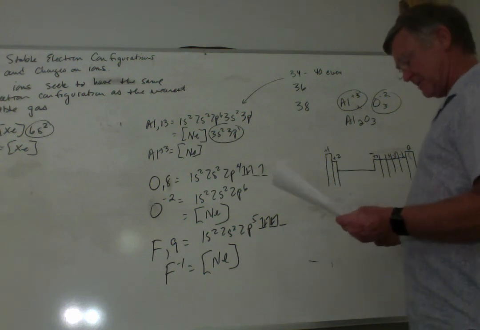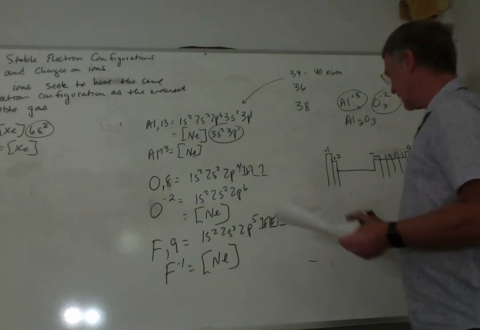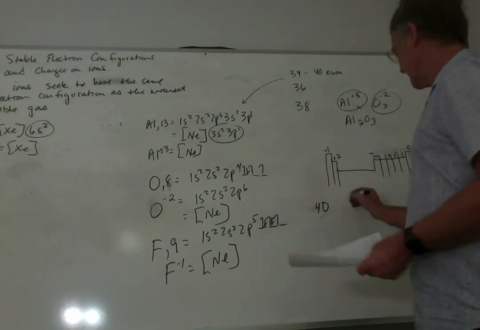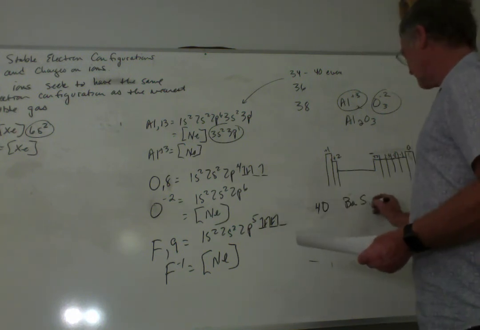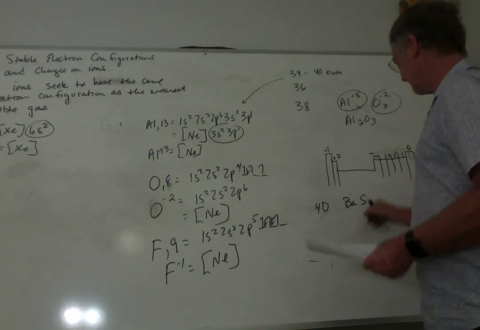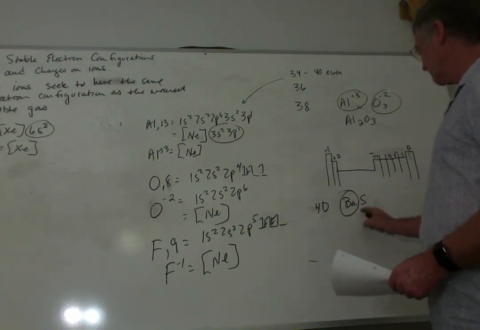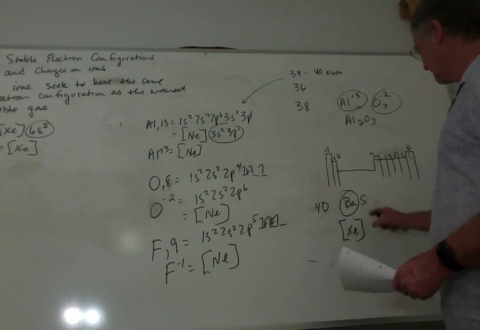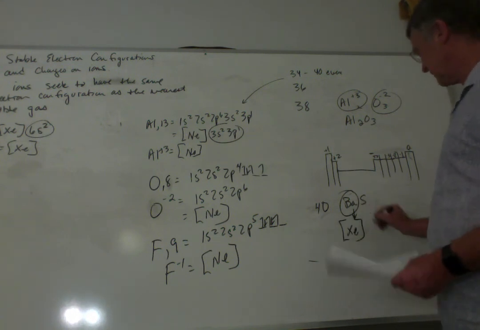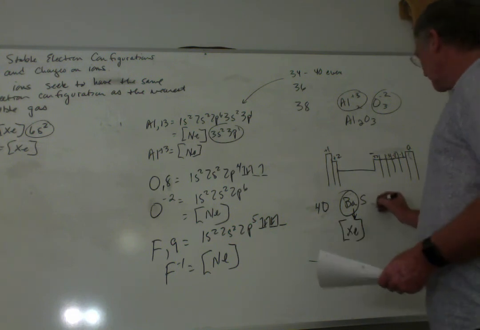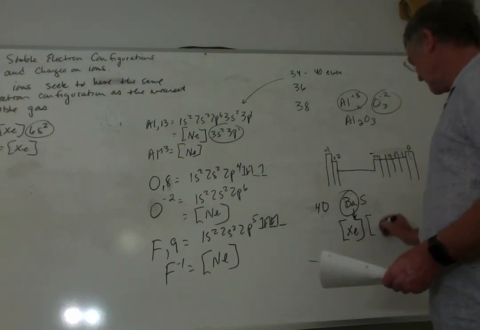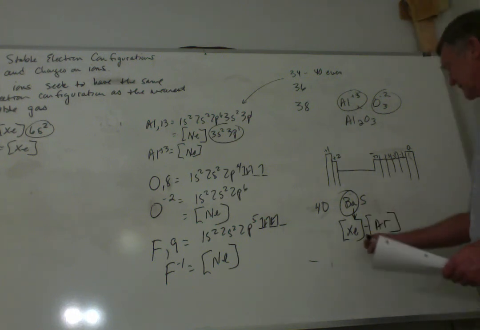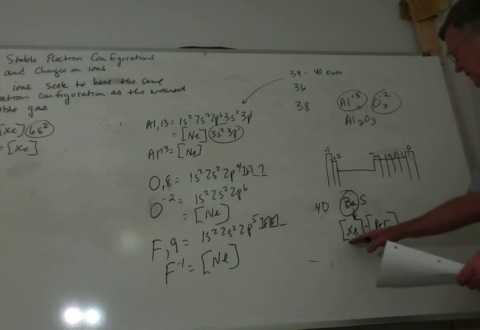And then problem number 40 asks what noble gas each one is closest to. So they give you this compound, barium sulfide, and they say, what noble gas did barium become? And I just did that one. That would be xenon. So barium has the electron configuration of xenon, and sulfur, which is number 16, ends up being just like argon. So in a very real sense, barium sulfide is like xenon and argon joined together.